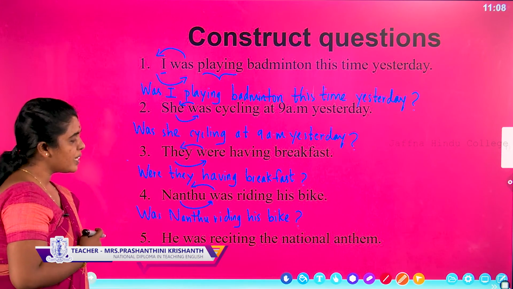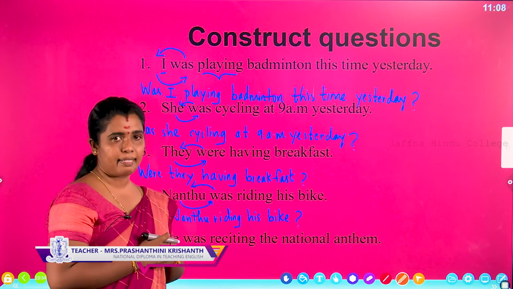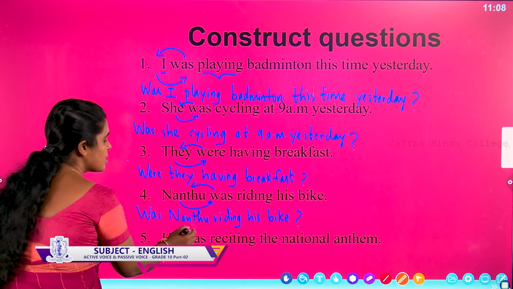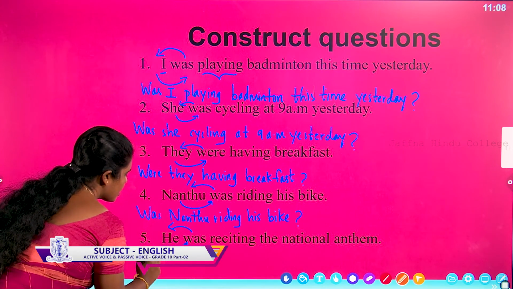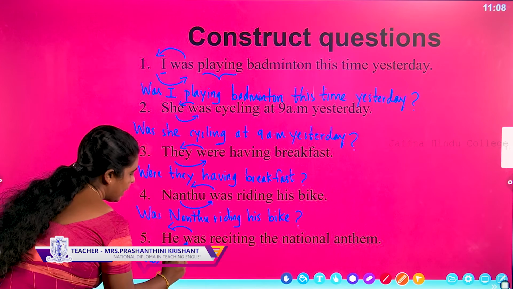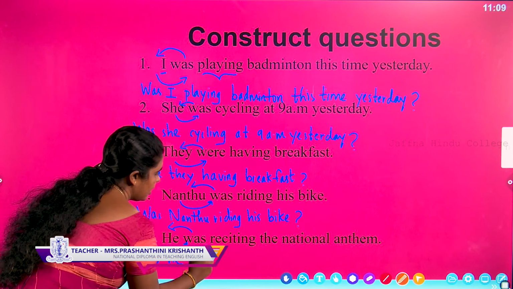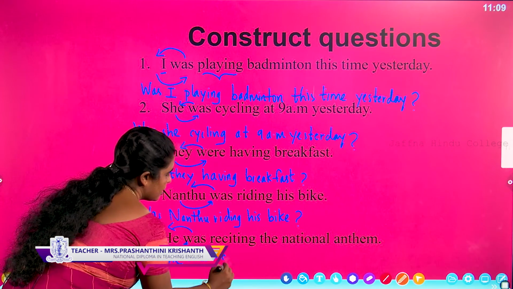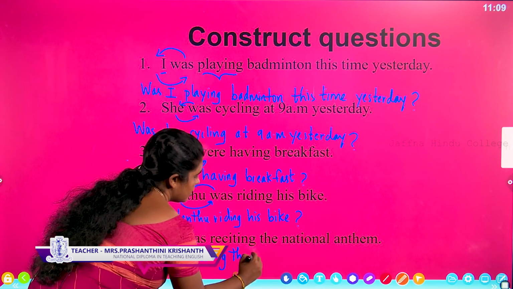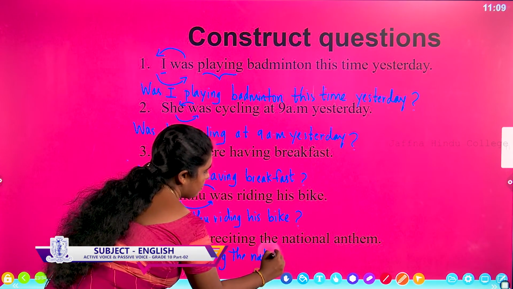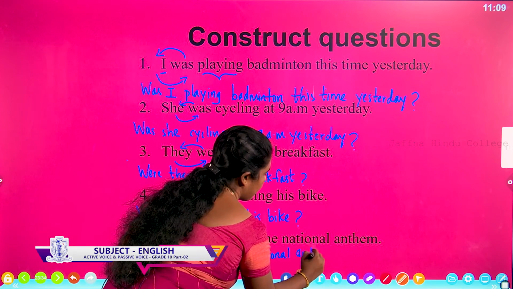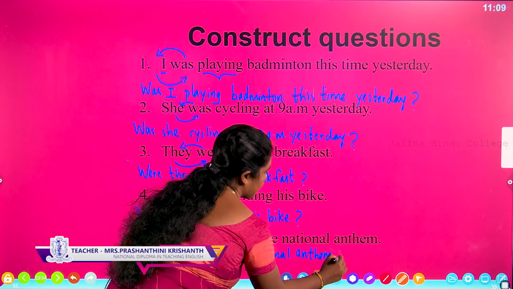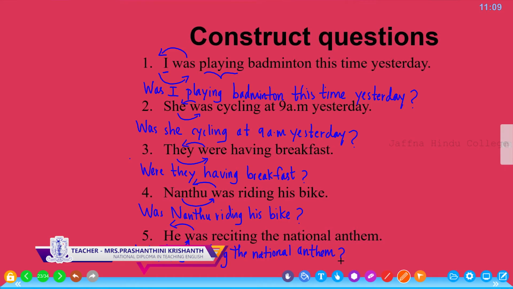He was reciting the national anthem. Okay? So, we are going to change into question. Was he reciting the national anthem? Okay, so this is simple way, children.